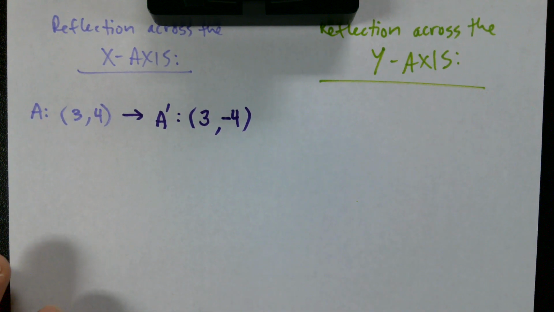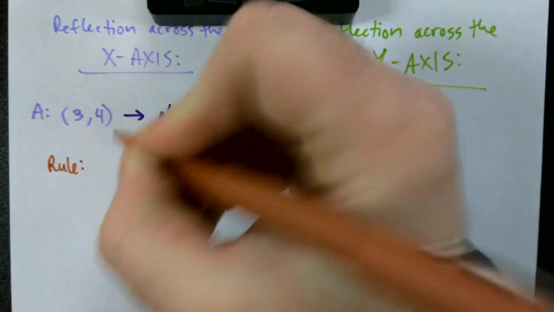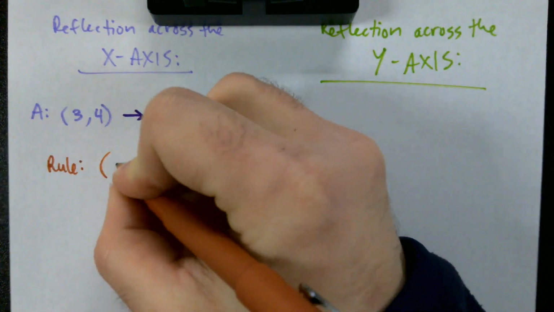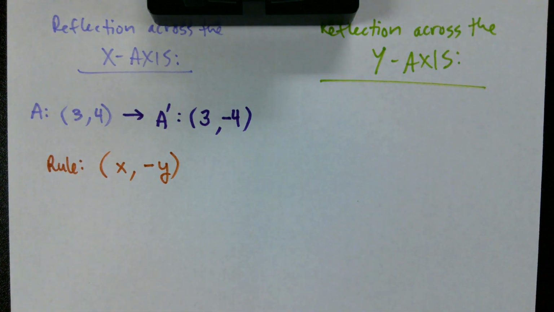So our rule here, if we wanted to write a rule for reflecting a point across the x-axis, is (x, -y).